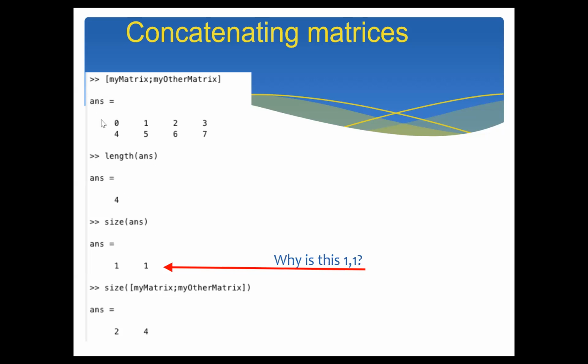The previous ans was this matrix, but after this step, ans will be overwritten to be 4. Then this ans is only a number, which is a 1 times 1 matrix. So if you check the size of the arranged matrix, it will be 2 times 4.